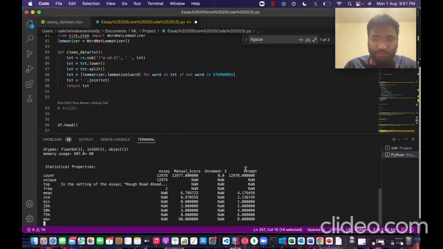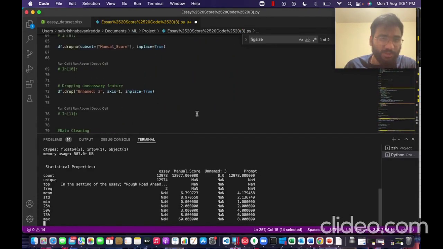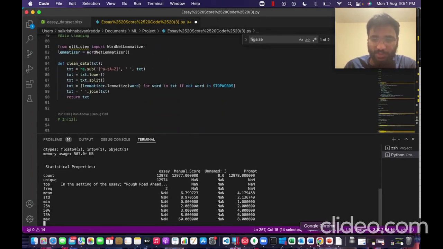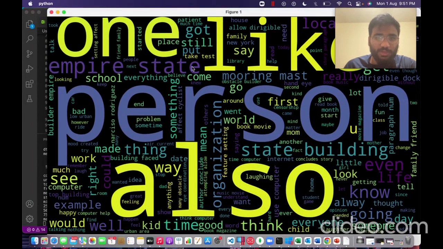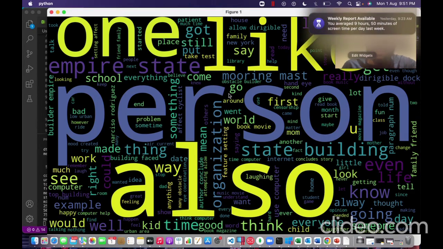Now coming to the word cloud, which I mentioned. This is a word cloud where we removed the numerical values, punctuation, and stop words, and all the rest of the words are displayed here.